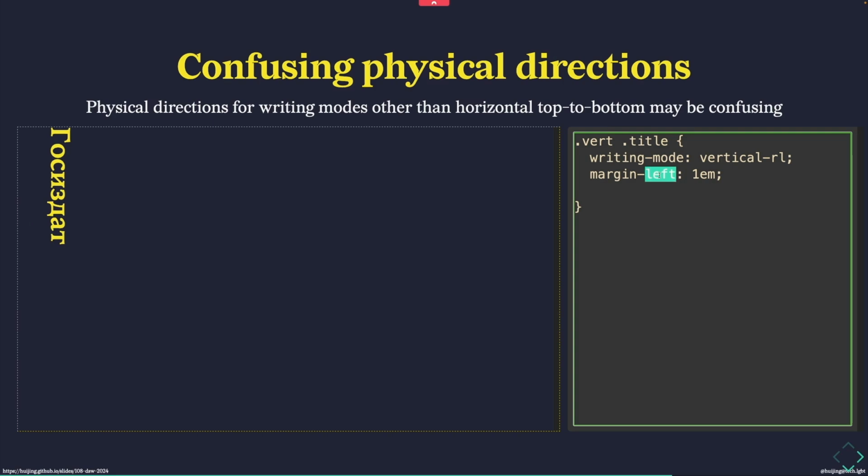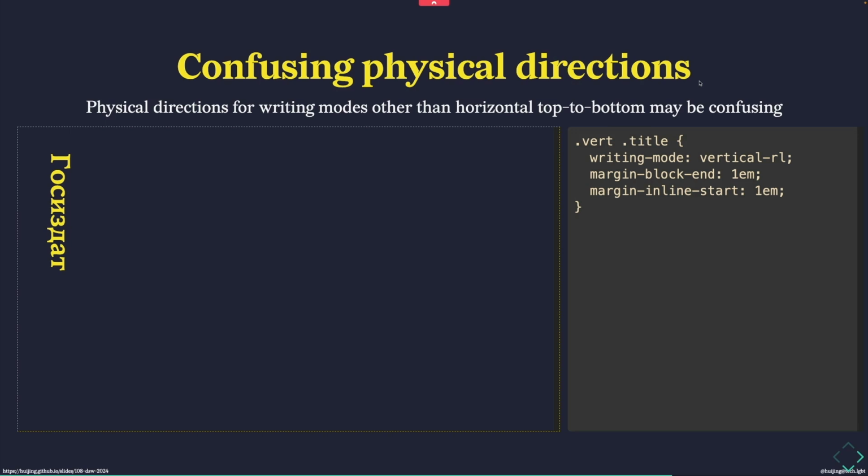Personally, I've already migrated my mental model to start using margin block-start, block-end, inline-start, inline-end, because if I wanted a margin at the start of the word, I would go inline-start 1em, and somehow it's so much easier for my brain to reason about this versus physical directions, because I think of things relative to the direction of the text, even though some other people might not.